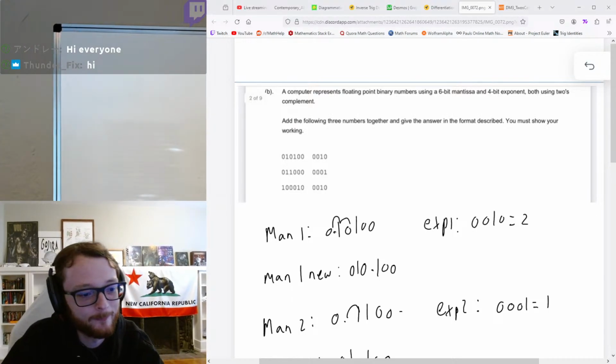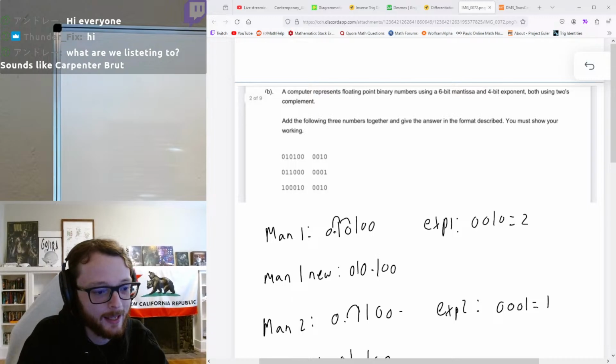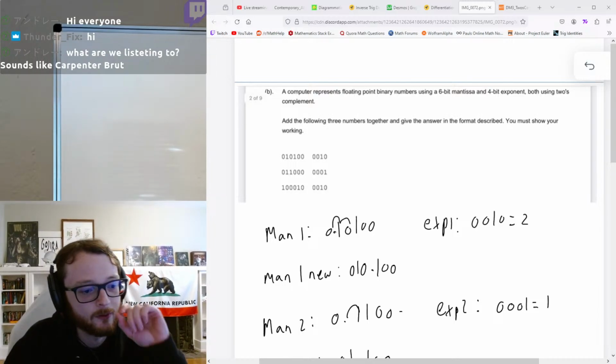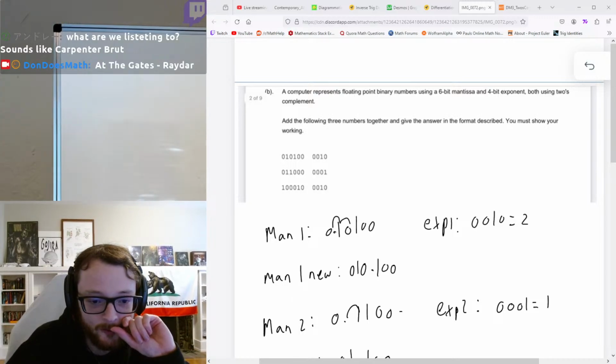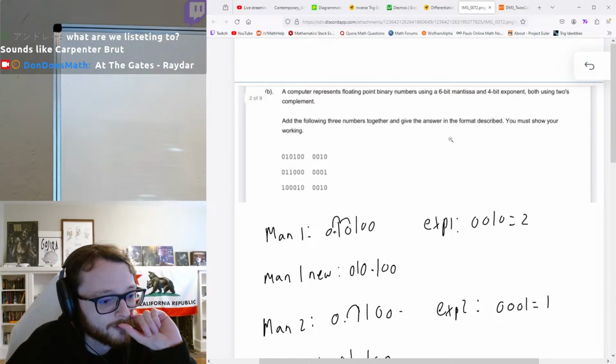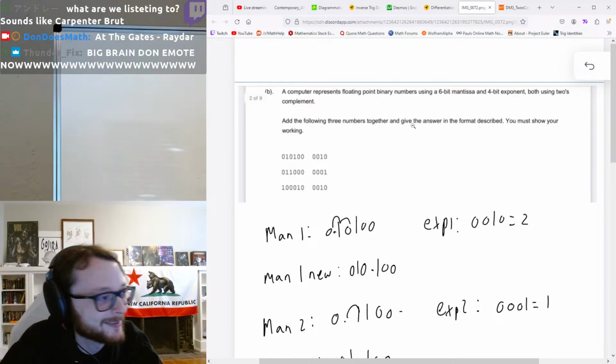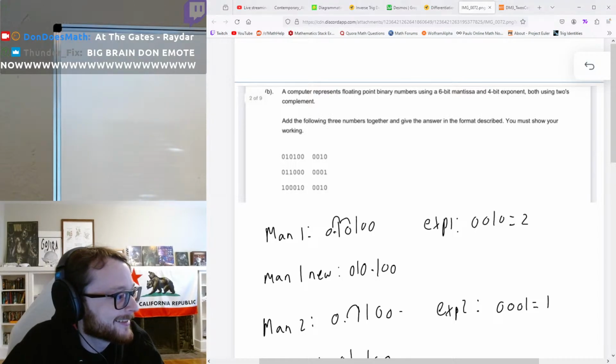But this song is At the Gates by Radars. I put my music player of choice, which definitely isn't Spotify, just onto the radio of a Radar song. Oh, Big Brain Dawn. All right.